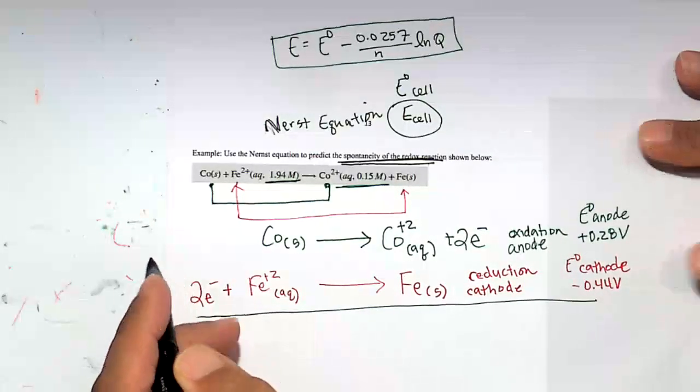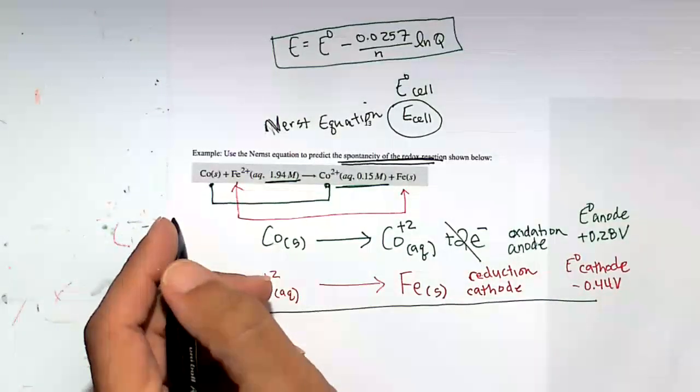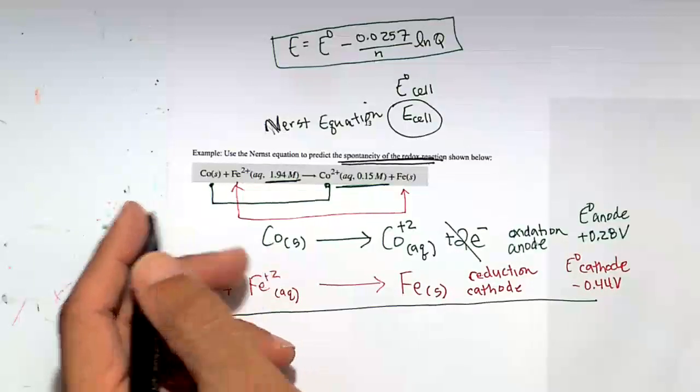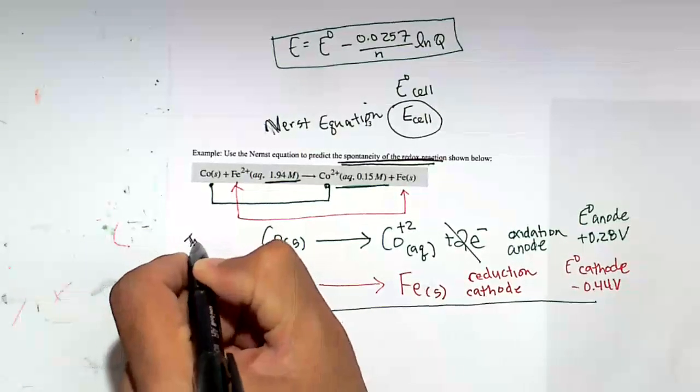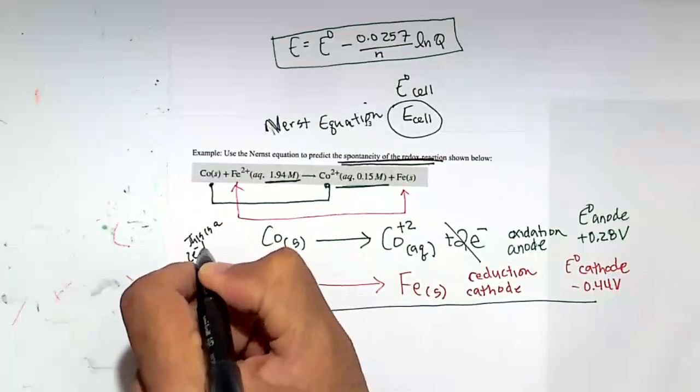We do not need to multiply anything because the 2e- cancels. How many electrons are being transferred in this reaction? This is a 2 electron transfer reaction.